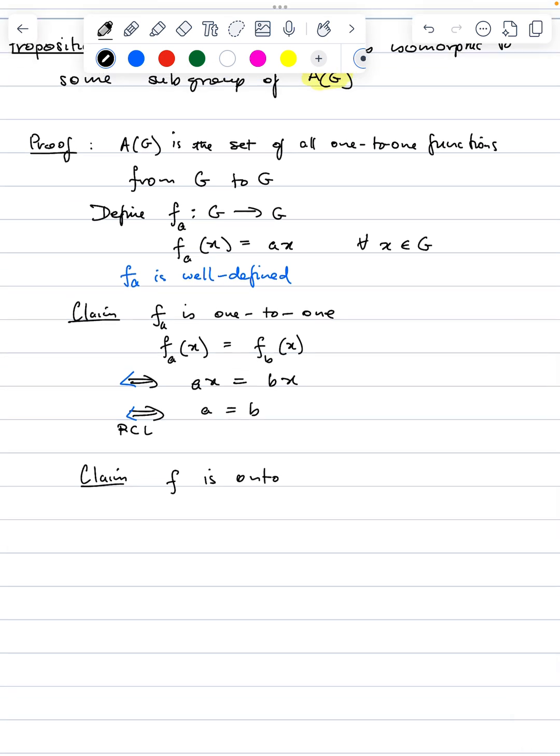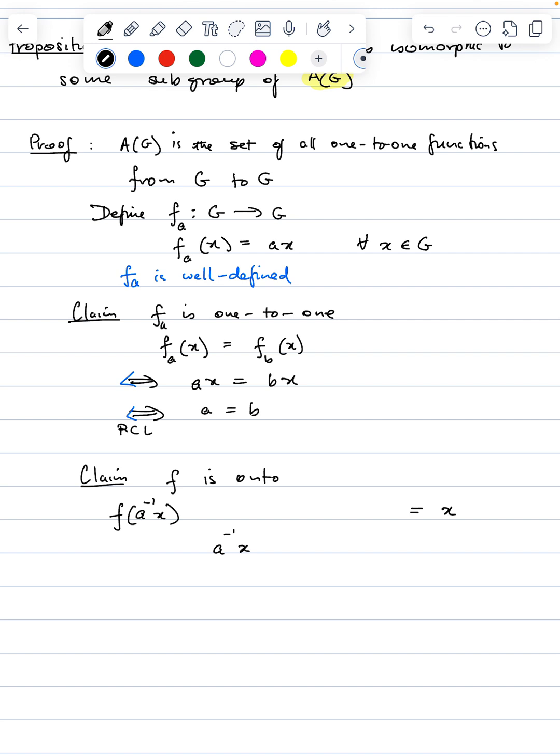So if a member of G is X, we have to find something that will map to X, right? Something in G itself that will map to X. And the natural candidate here, with a little bit of trial and error, would be A inverse X. So F of A inverse X: A is in G, and G is a group, right?